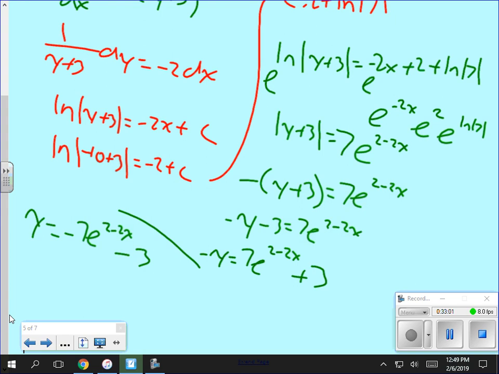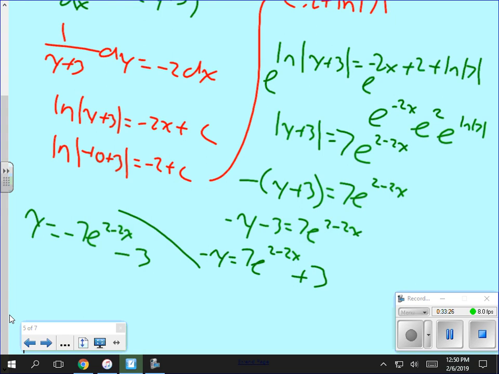You just have to go back to your initial condition. What's going to work? Is it going to work with y plus 3, or with the opposite of y plus 3? At some point when you're solving for y, you need to make that decision. You pick one and go with it. Then you try your answer and see if you get what's supposed to work. If I plug in 0 here, do I get negative 10?